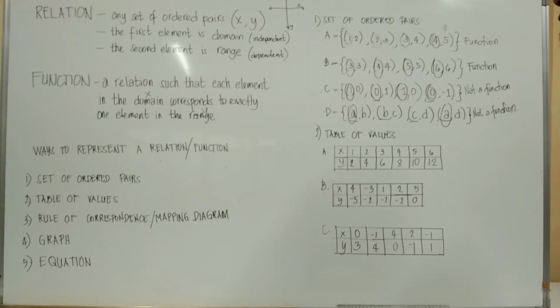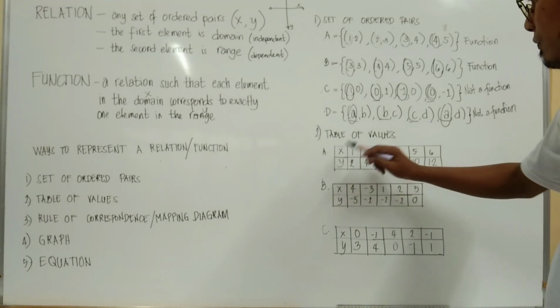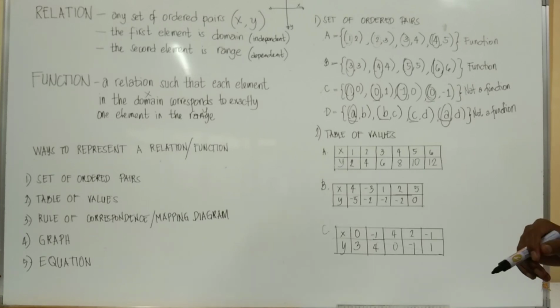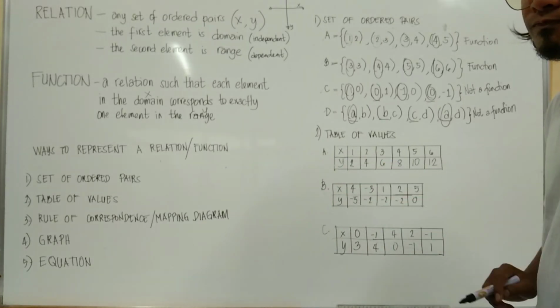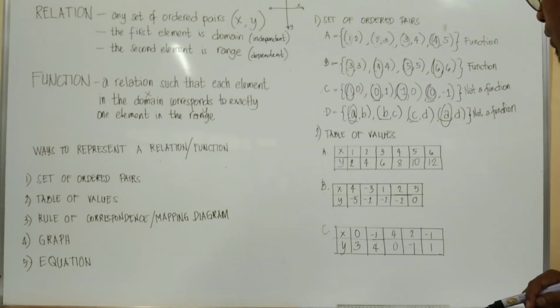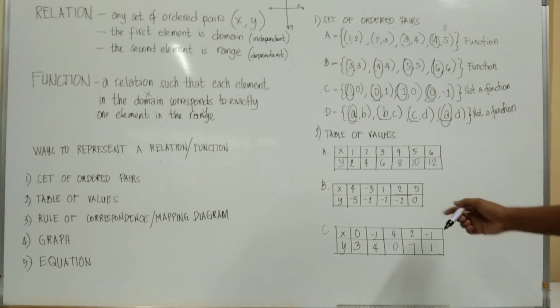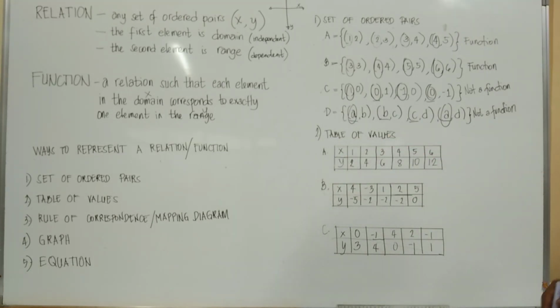Okay, let us proceed to number 2. We have here the table of values. The table of values is also composed of your X and Y elements or variables, your independent and dependent variable, but we represent them in a tabular manner, also known as a table of values.